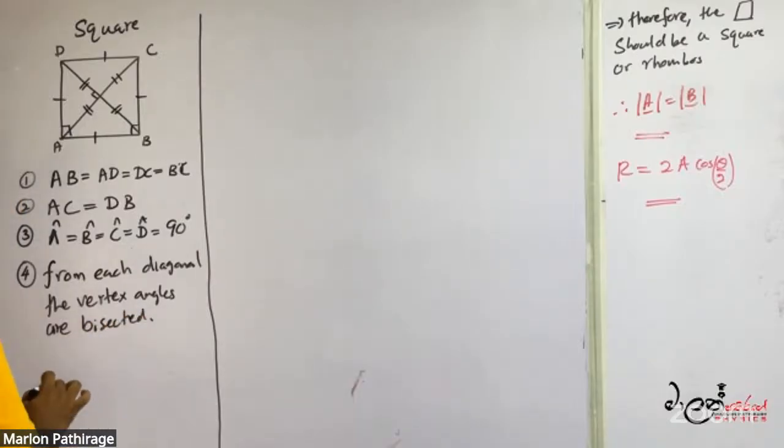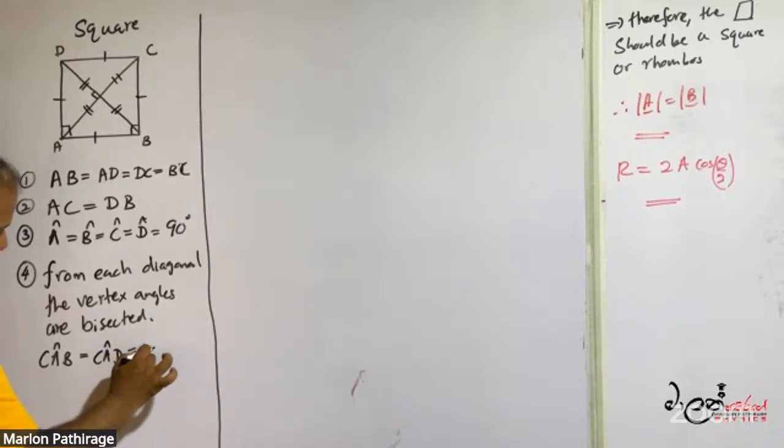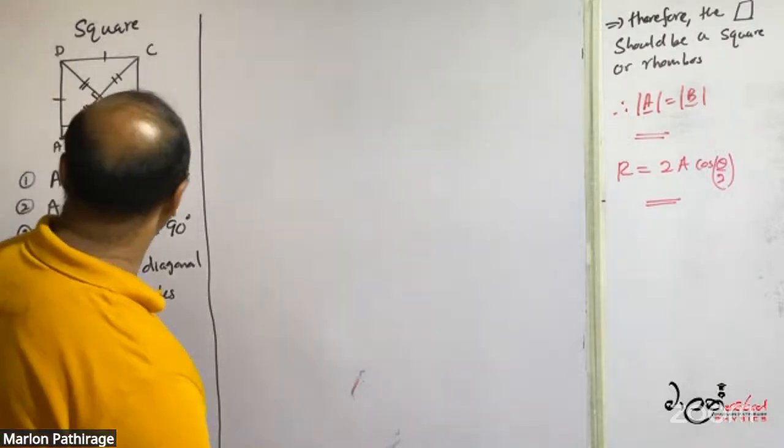That means angle CAB equals angle CAD, which is 45 degrees.